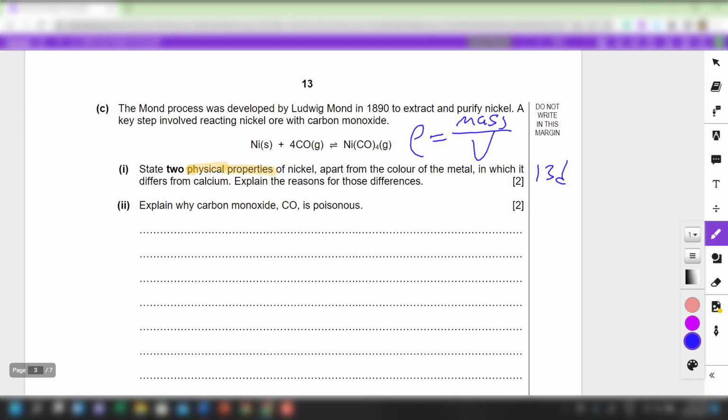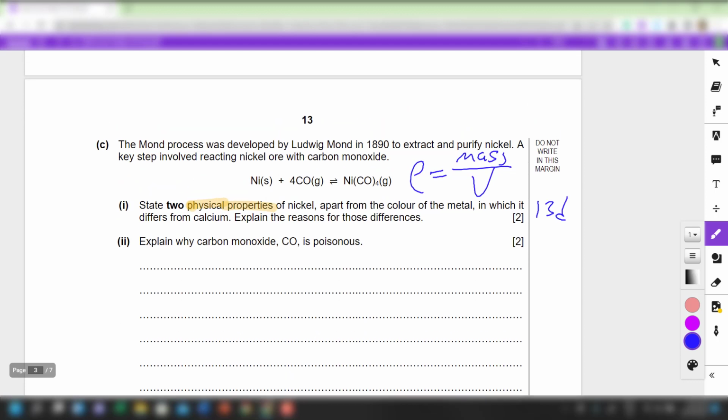A proxy to volume here is the atomic radius or the ionic radius, since volume is four-thirds pi r cubed. Therefore density is proportional to mass over r cubed.